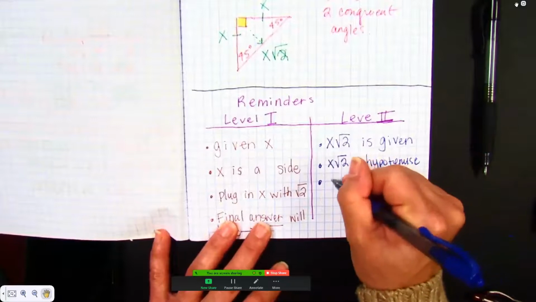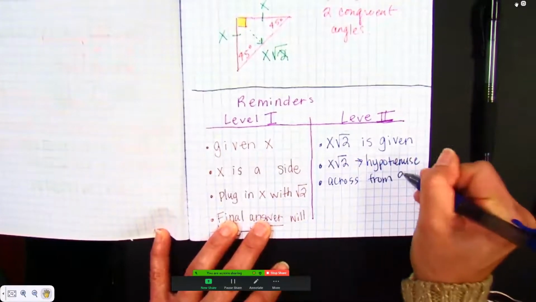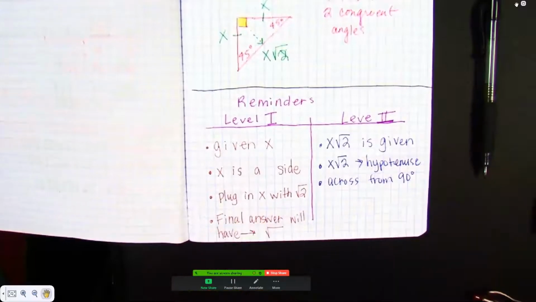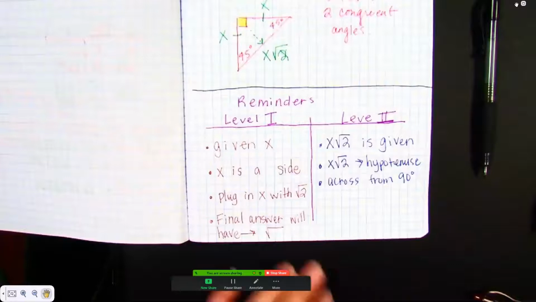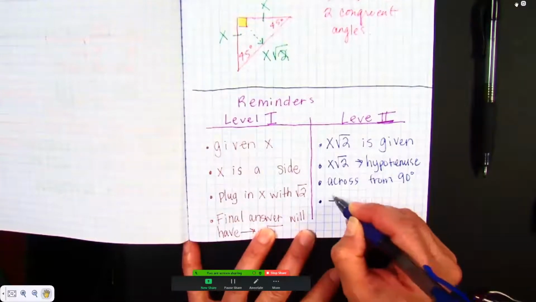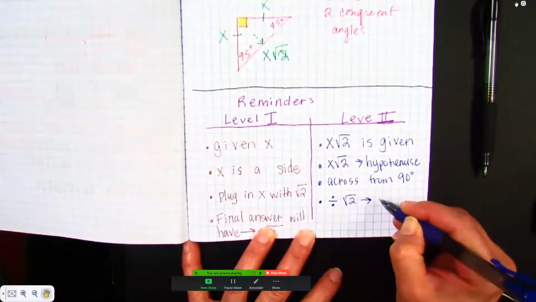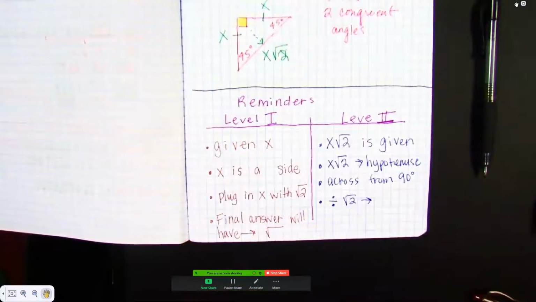And remember, it's always across from the 90-degree angle. And I'm just going to abbreviate there. So for level 2, remember you have to divide by root 2, and you need to memorize 1.4142.